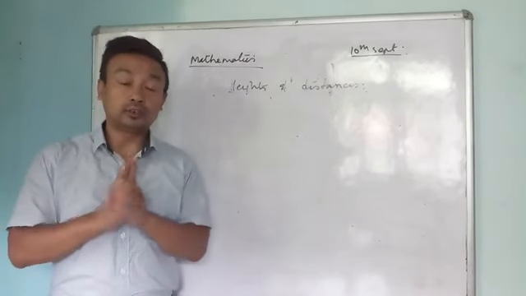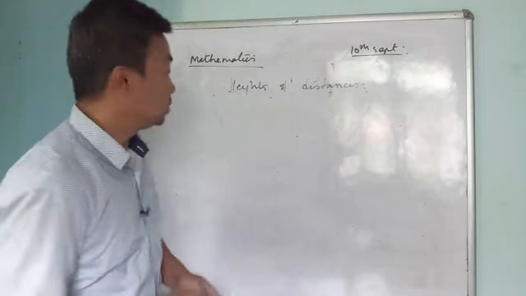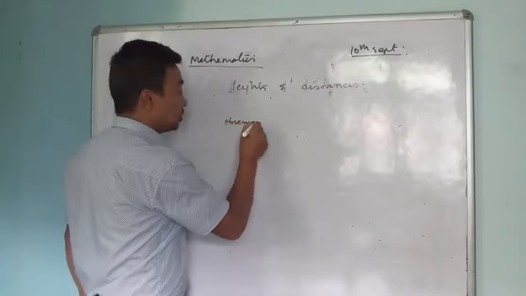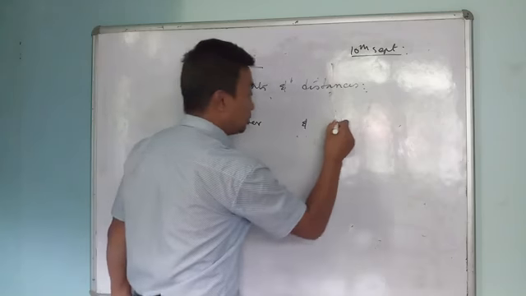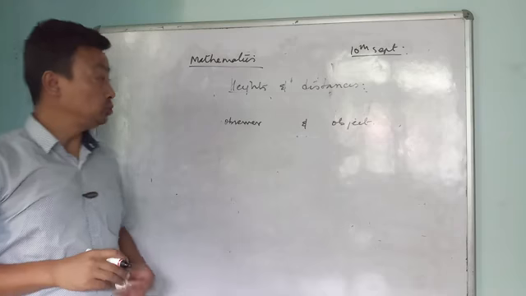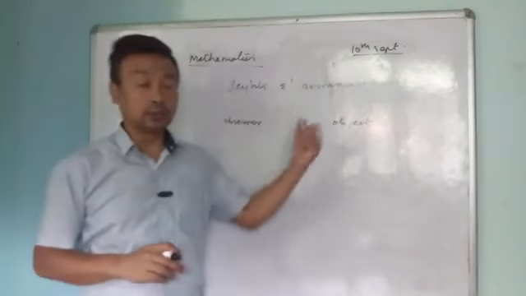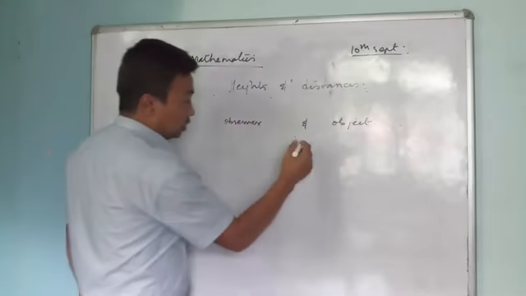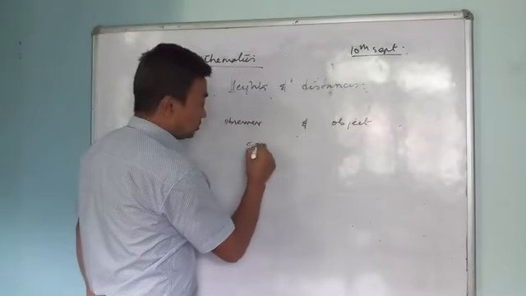The first is that there will be two things here: the observer and the object. Let us take an example.